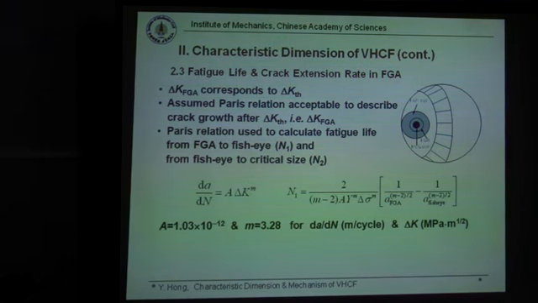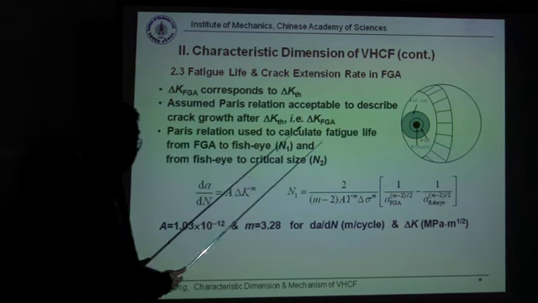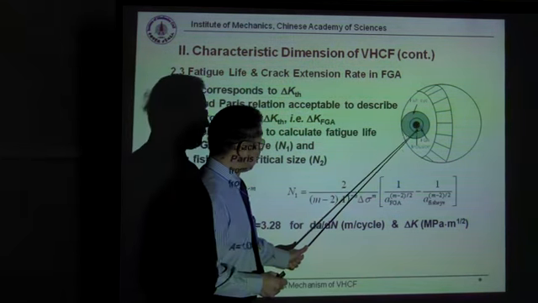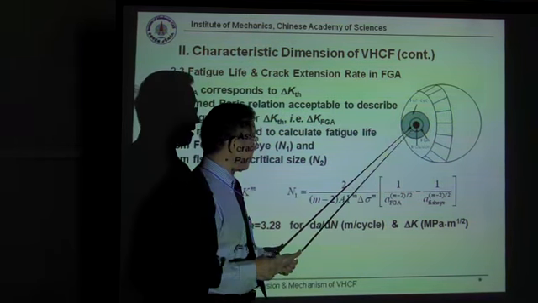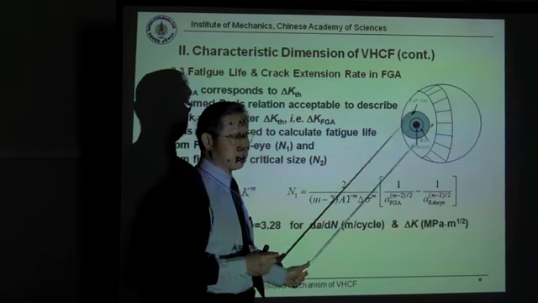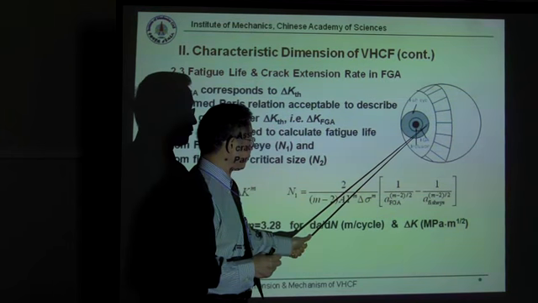And for this kind of consideration, we may calculate the fatigue life contributed by crack initiation. So first, we may see that the total fatigue life is contributed by three parts. One is initiation due to FGA. The other part is from FGA to the boundary of fisheye.